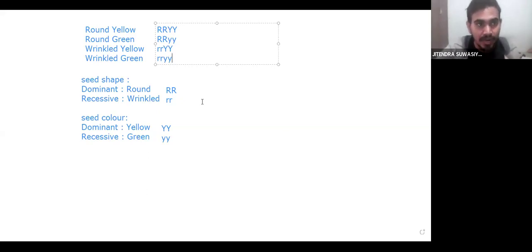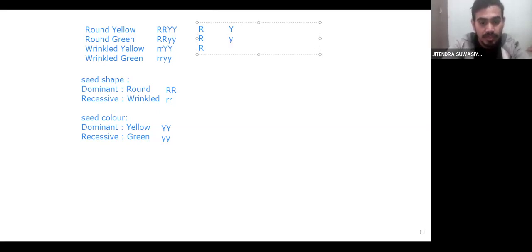Now what happened? We know that the law of segregation will happen. Definitely it will happen. So what will happen here? Capital R, capital R with capital Y will be segregated. Capital R with small y will be segregated.